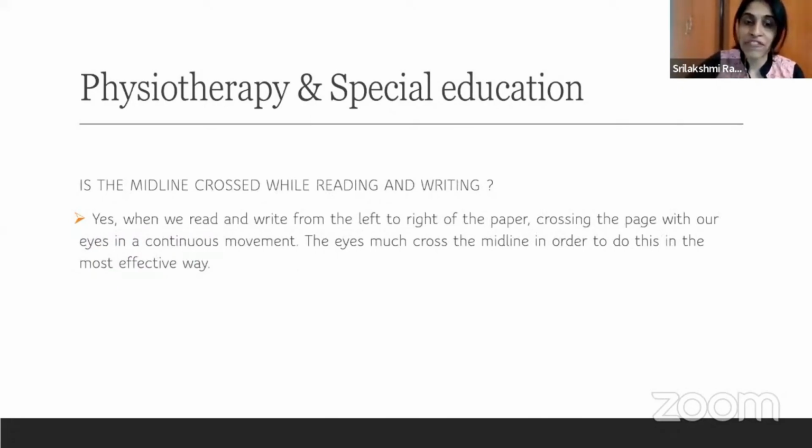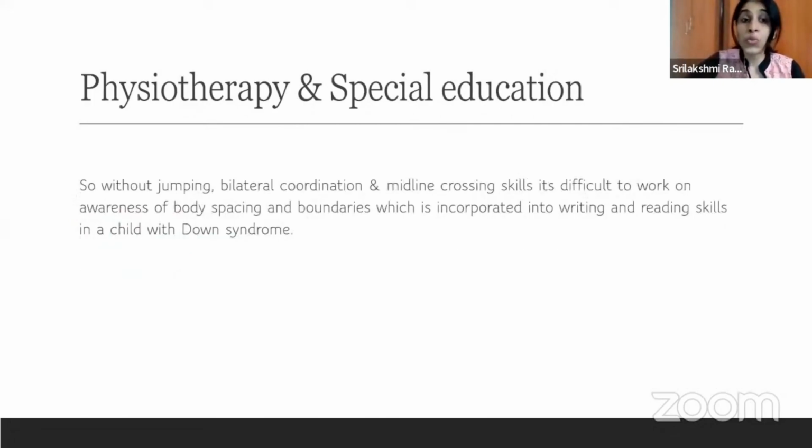When we read and write from left to right across the page, the eyes, in a continued movement, must cross the midline in order to do this most effectively. So without jumping, bilateral coordination and midline crossing skills, it is difficult to work on the awareness of body spacing and boundaries, which is incorporated into writing and reading skills in a child with Down syndrome.